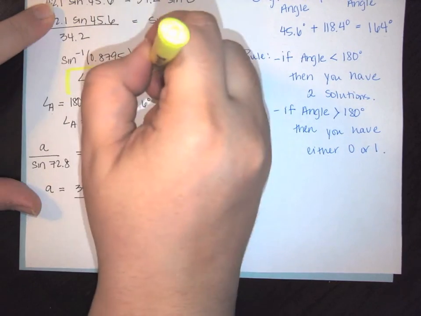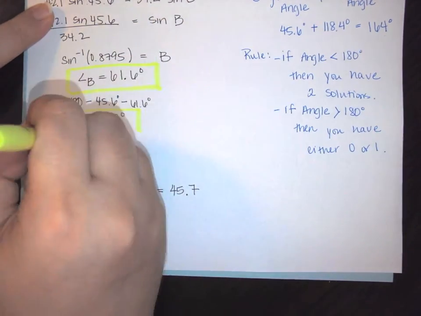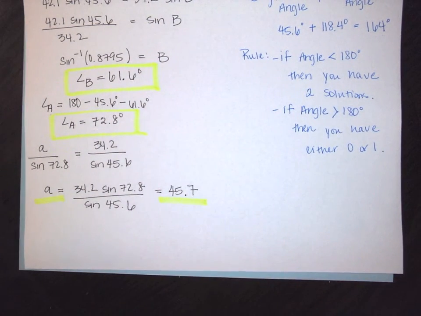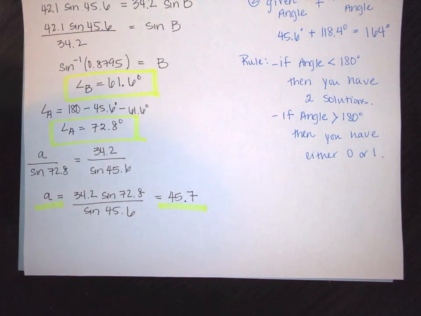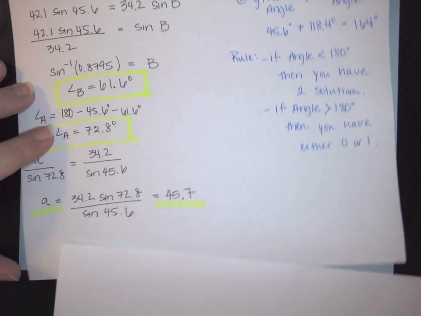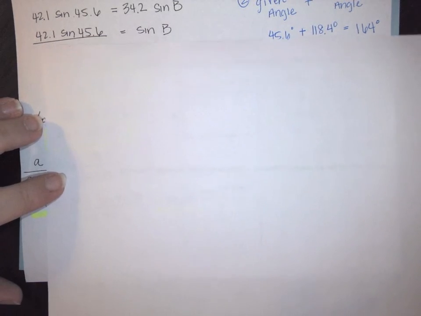So to find angle A, again, we're going to take 180, subtract the given angle, 45.6, subtract the new angle, 118.4, and this is going to give us 16 degrees.